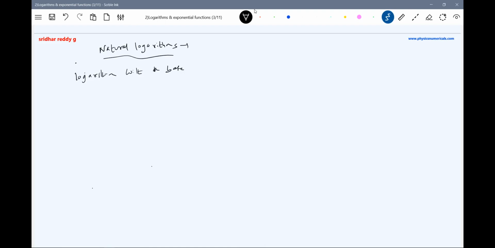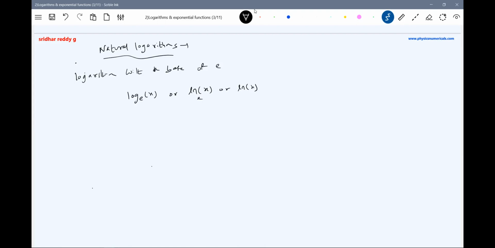Logarithms with a base of e are called natural logarithms. How do we represent them? We represent them like this, or simply as log x to the base e.